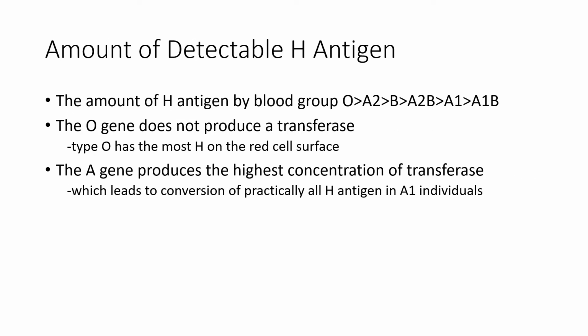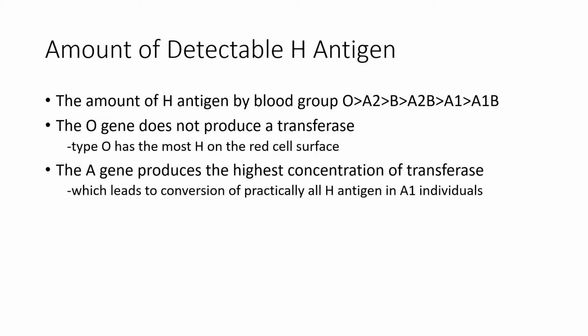The amount of detectable H found on red blood cells varies, starting from greatest to least: O, A2, B, A2B, A1, and then A1B. The O gene does not produce a transferase at all, so the H antigens on the red cells are the highest.